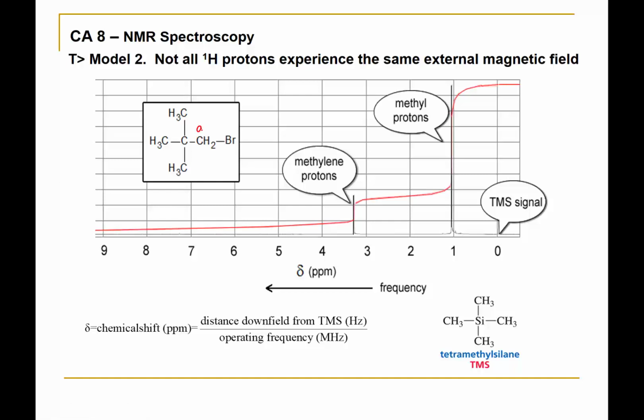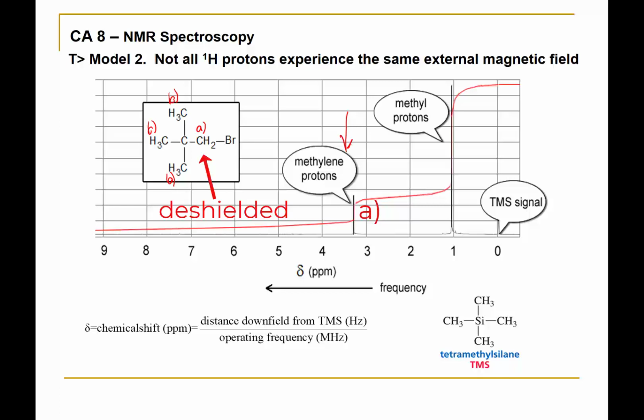So right here, this is one proton environment I'm labeling as A, and then these other CH3 groups represent another proton environment. We'd say that the protons that correspond to proton A are more de-shielded, and therefore they're found right here in our NMR spectrum. That single peak represents those particular protons.